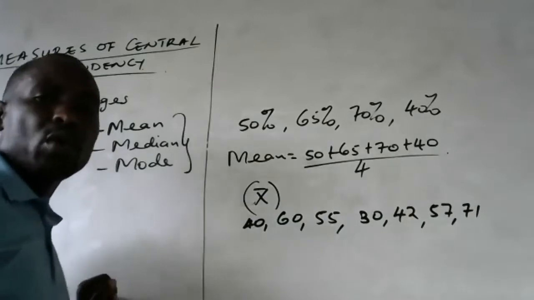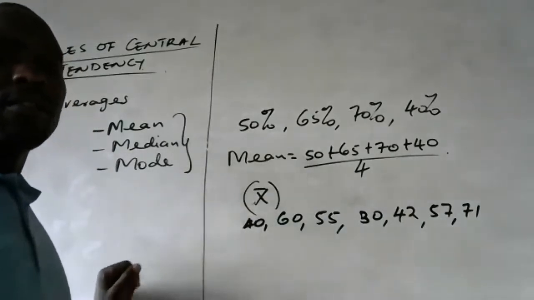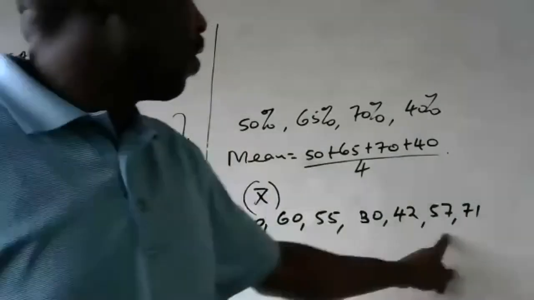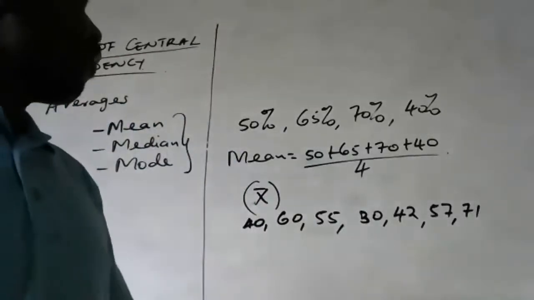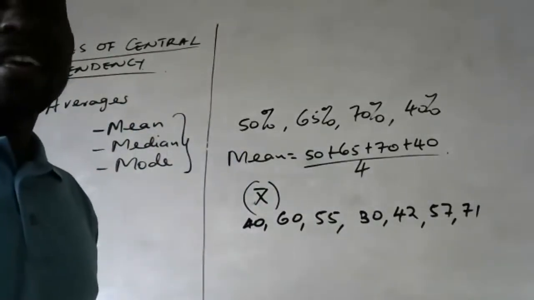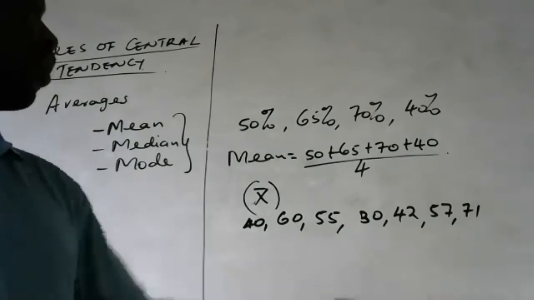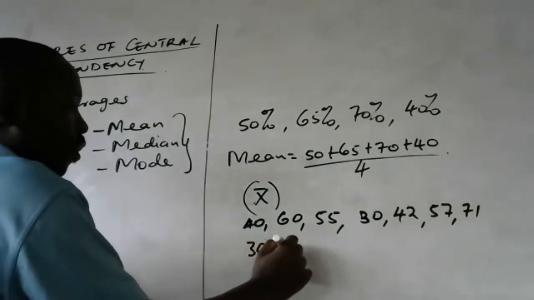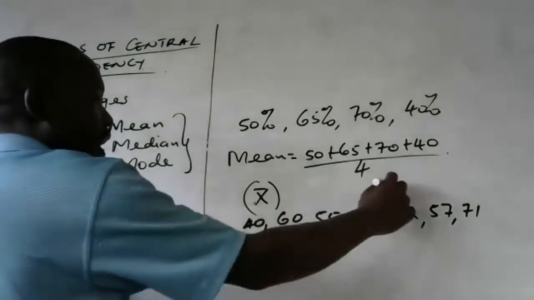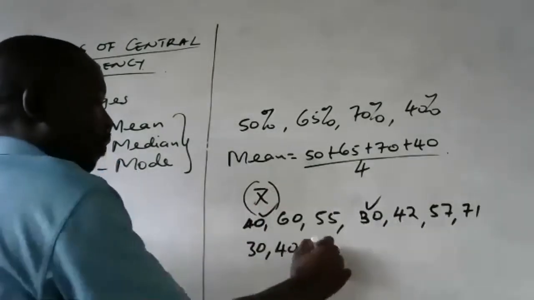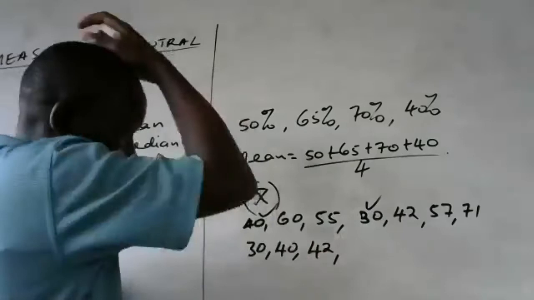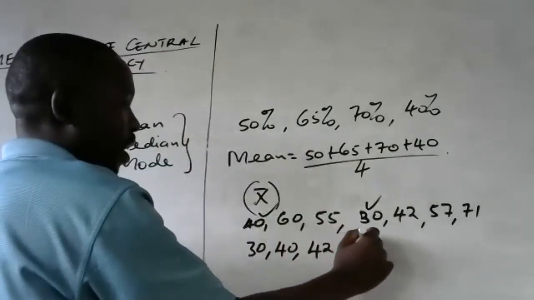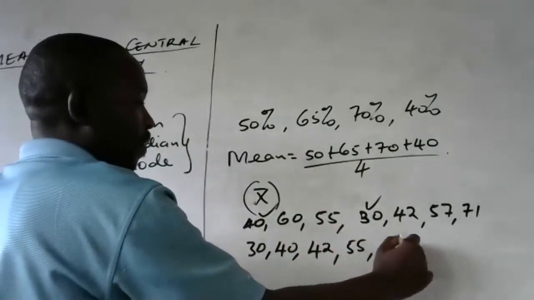So for you to be able to get the median, the first thing you do is to arrange these particular scores from the smallest to the highest. The smallest here is 30, followed by 40, followed by 42, then 55, then 57.